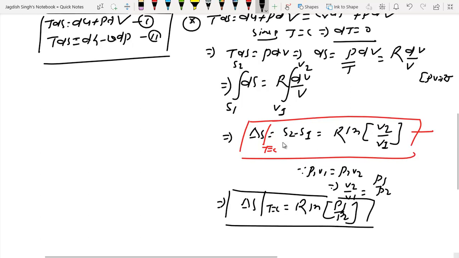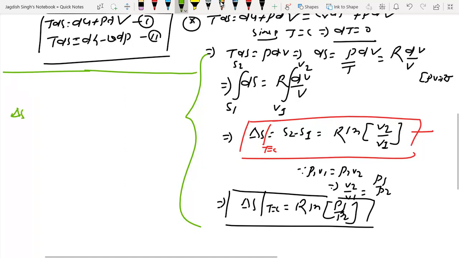So what we observe here, finally, is that the change in entropy del S at constant temperature is equal to either R ln V2 by V1 or R ln P1 by P2.